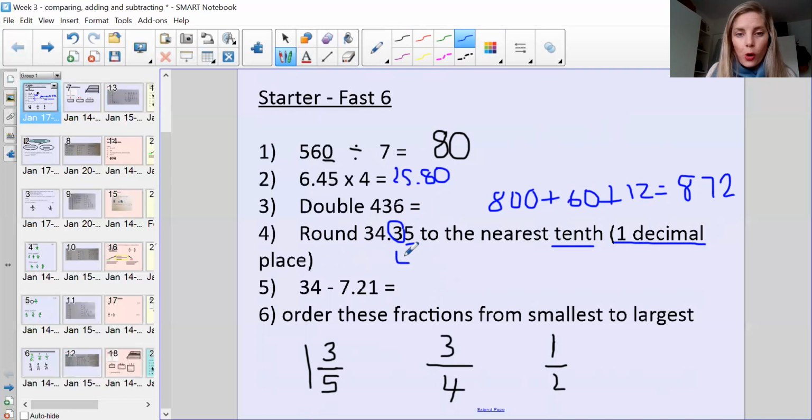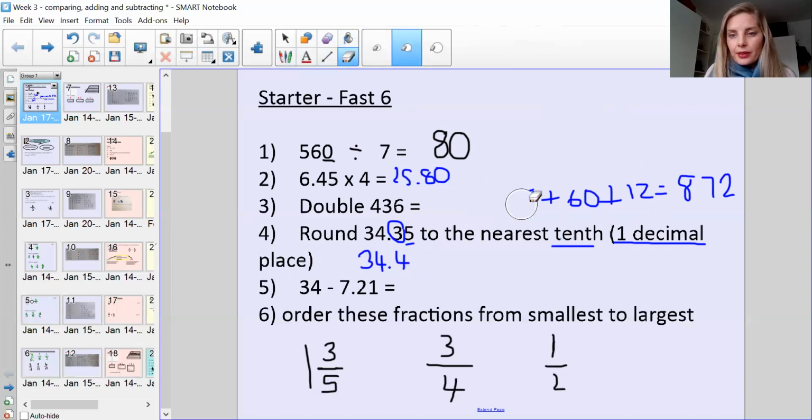So it's going to become a 4. And then I leave the numbers to the left exactly the same. And the reason why I don't put a 0 here, like we normally do in our normal rounding, is because I only want 1 decimal place. So here I've got 1 digit after the decimal, so I'm feeling happy. Remember to go and check your answers as well.